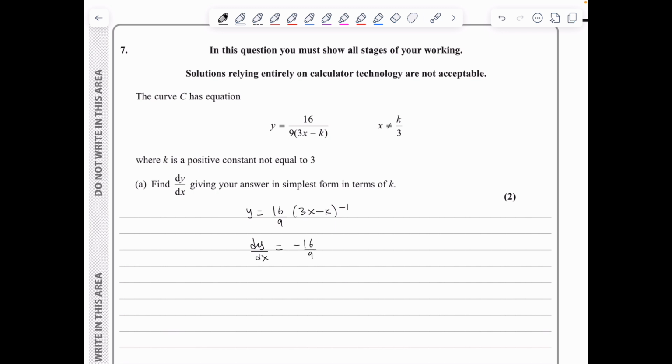We deduct 1 from the power, so (3x minus k) to the minus 2, and we multiply by the derivative of the bracket, which is 3. I simplify the 9 with the 3, leaving me with the 3 in the denominator. So this means I've got minus 16 over 3 times (3x minus k) squared.